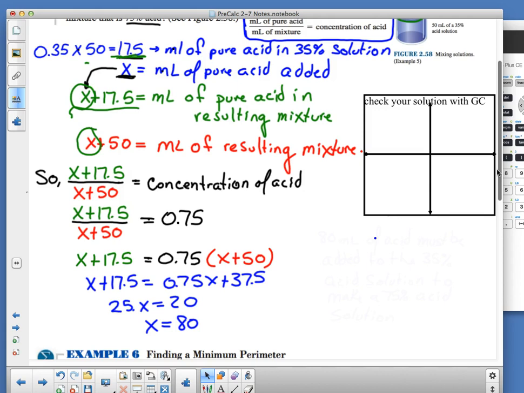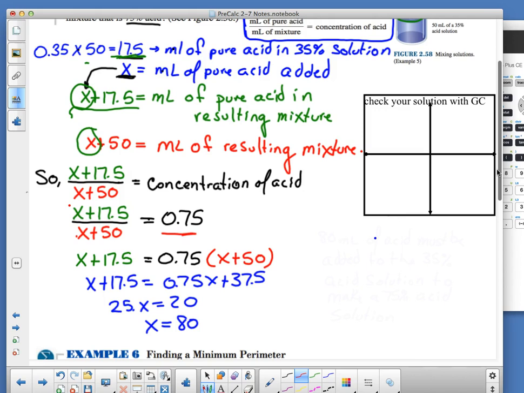I'm just looking for a percent of acid out of the total mixture. And when I add an unknown volume of pure acid to the amount of acid that's there, I'm also adding that unknown volume to the total mixture. And that's why we have this X on top and bottom, okay? And we're looking at percent at the end, and this is my 75% as I'm going through that.